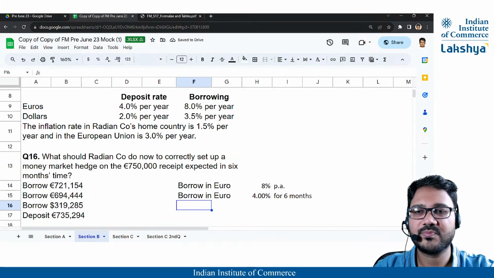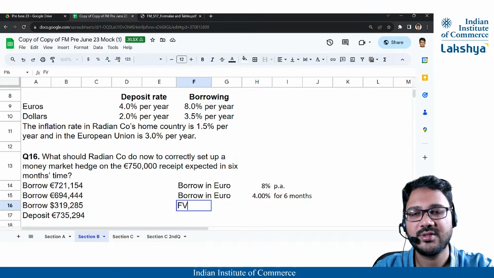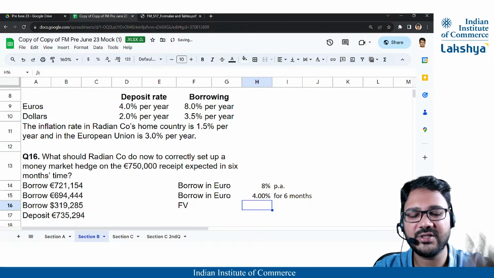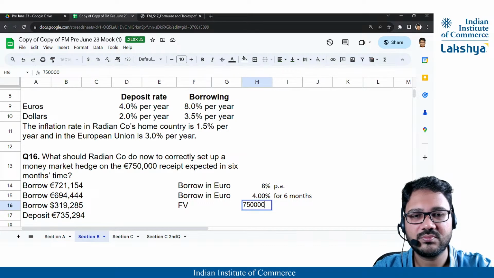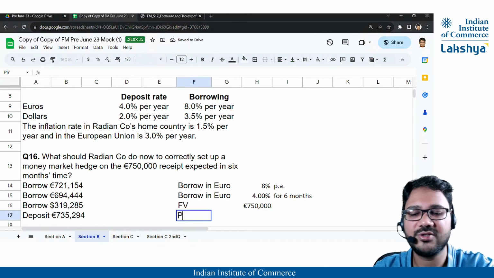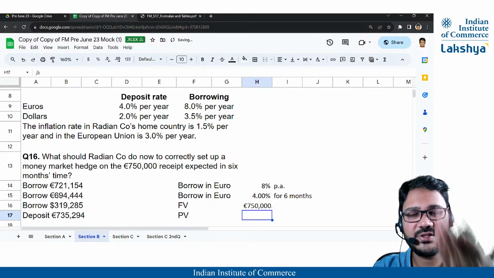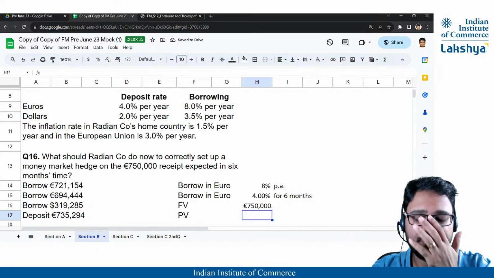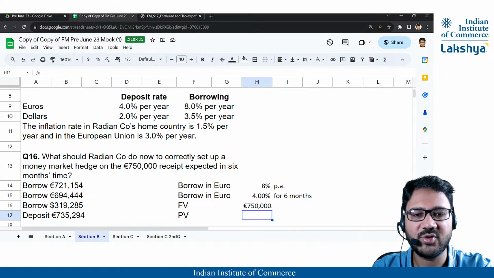What is the future value of this borrowing, as in the maturity? We need to borrow X amount such that it matures after interest and becomes 750 euros. After 6 months, the future value is 750. Then what is the present value?